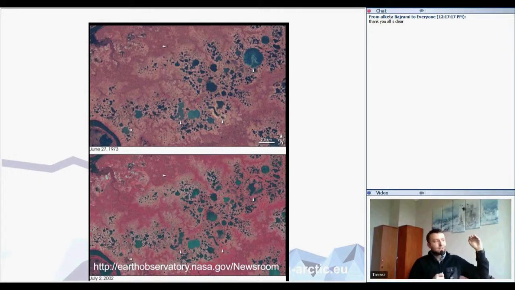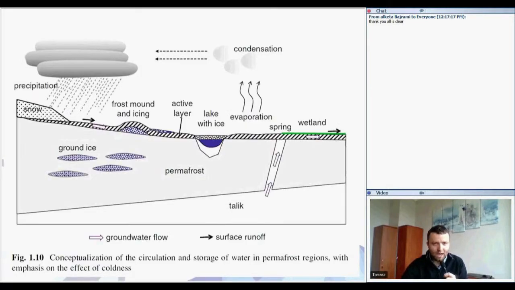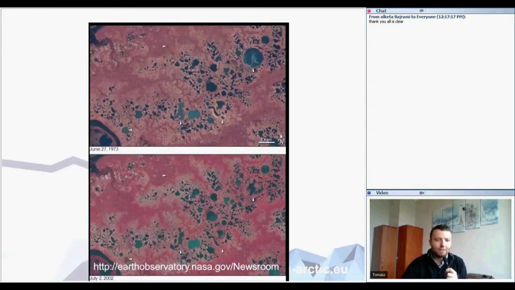So once it degrades, the active layer is thicker, so it grows, it's bigger and bigger. These patches of frozen ground ice can appear on the surface as lakes. But once the active layer is thicker, those lakes also disappear. So that's something that is also measured by hydrologists.